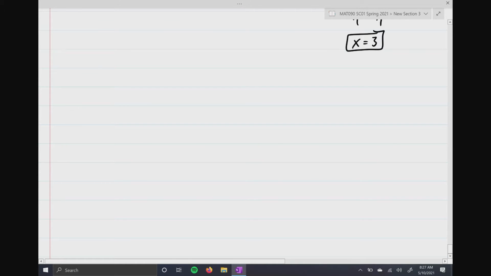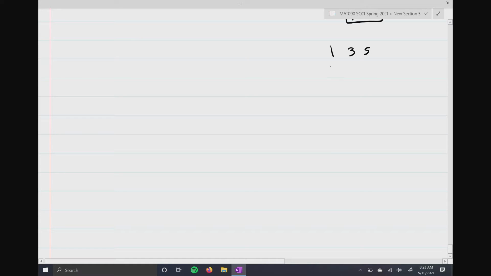So, I'm just going to guess. There are 3 consecutive odd integers, 1, 3, and 5. Now, I know 1 plus 3 plus 5 is not 231. So I can try to guess again. How about I guess a little bit higher? How about 51, 53, and 55?